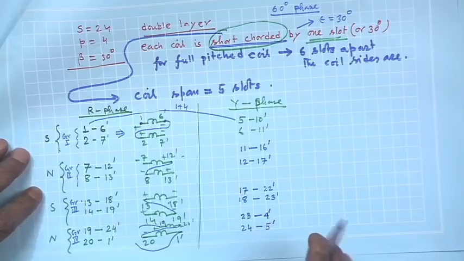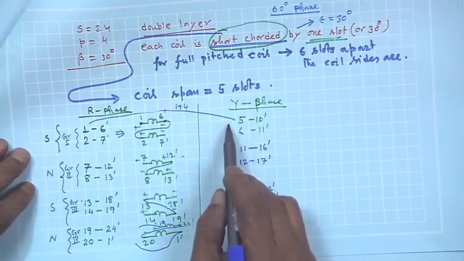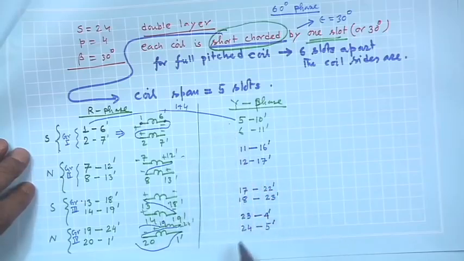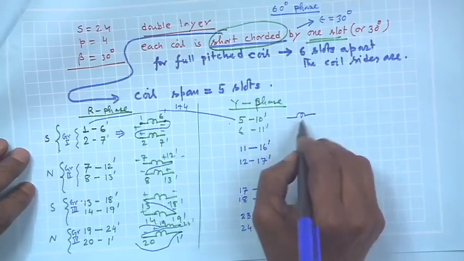Is that clear? So, altogether this is group 1, group 2, group 3, group 4, and the coil representation will be like this.